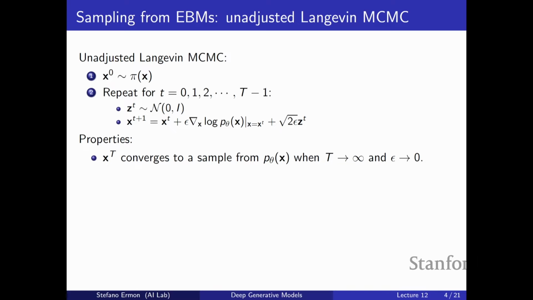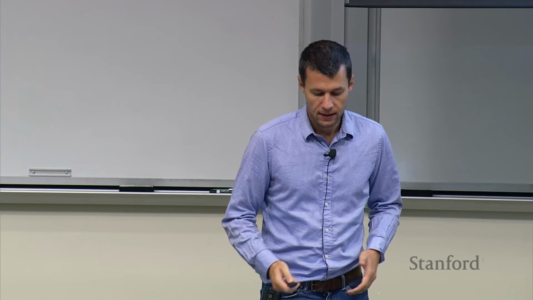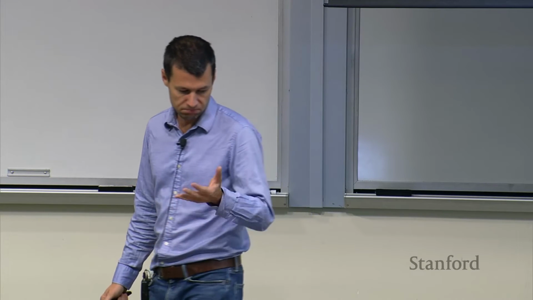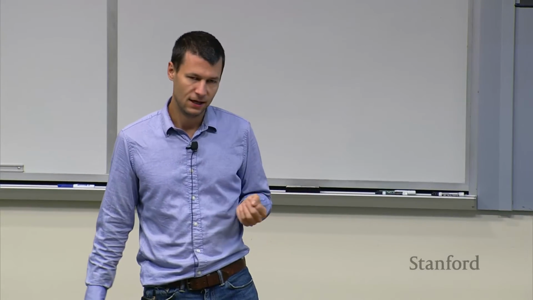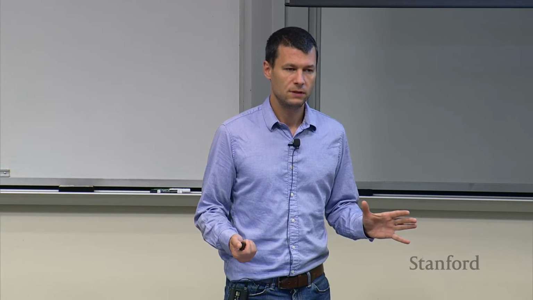Cool. Oh, question. Is this faster than just regular MCMC, or why would we use this over the previous? Great question. In theory, this can still require a larger number of steps, and the convergence is only guaranteed in the limit. But in practice, it's a much better proposal because you have a lot more information.